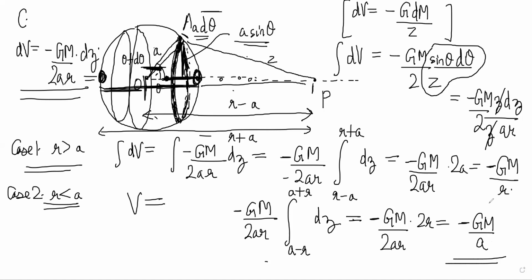So what is important here is first of all to realize what this means. This means first of all that if the point is outside the spherical shell, potential is as if this whole spherical shell was a point mass. Like if this is the situation, point is here and this is a and this distance is r, the potential has come out to be minus GM by r.